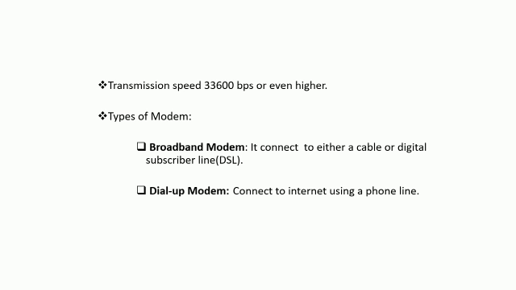Dial-up modem connects to internet using telephone lines, usually has much slower speed than broadband modem. So if we talk in terms of speed, we should switch to broadband rather than dial-up, because it provides high speed as compared to dial-up. This was all about modem.